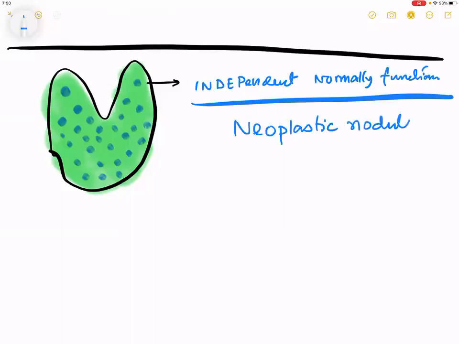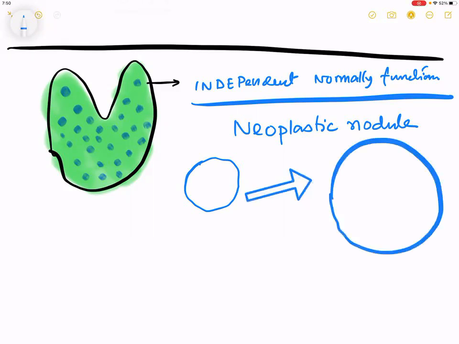That means the growth of the nodule from this to this is not dependent upon TSH anymore. So if this is a good nodule, this now becomes what kind of nodule? A neoplastic nodule.